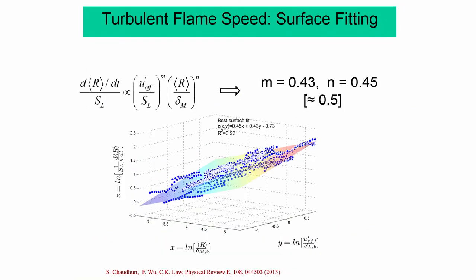And then the question was, does this scaling law really hold depending on these two individual parameters independently? Is it just by chance that we get this half? So if you fit this data on a surface plot, choosing m and n as independent parameters, and you fit whatever data you get from all the different experiments, then you get m equal to 0.43 and n equal to 0.45, which is close to 0.5.